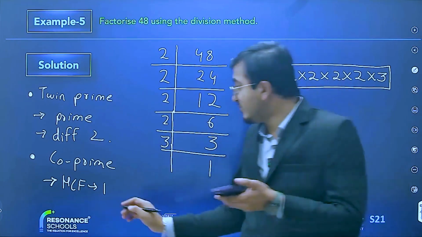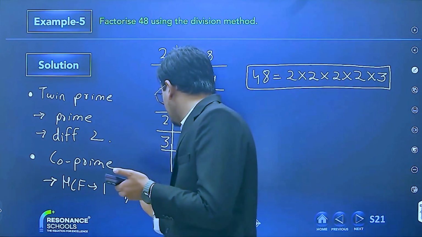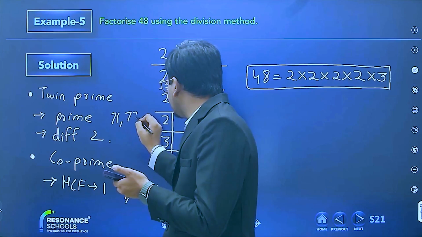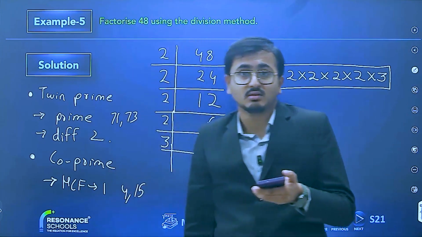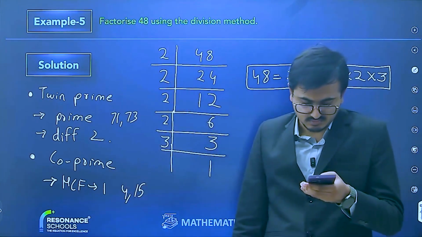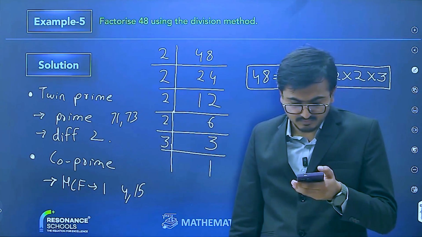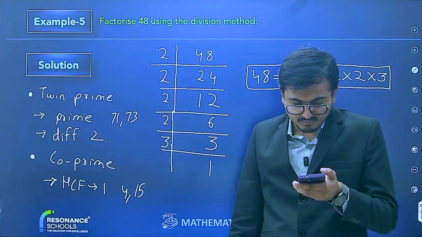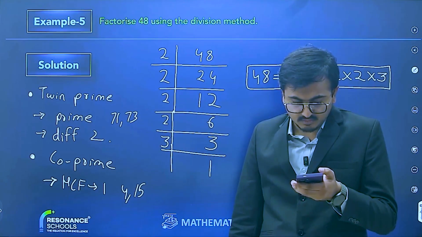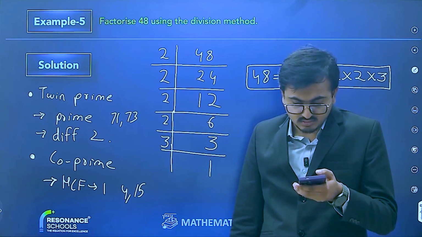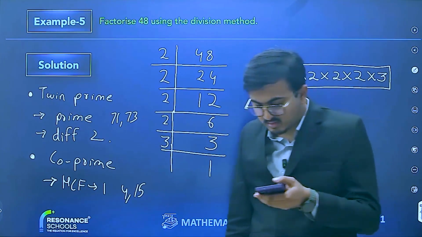Example of co-prime: 4 and 15. Example of twin prime: 71 and 73. 3 and 100, for what? Done? That's it.